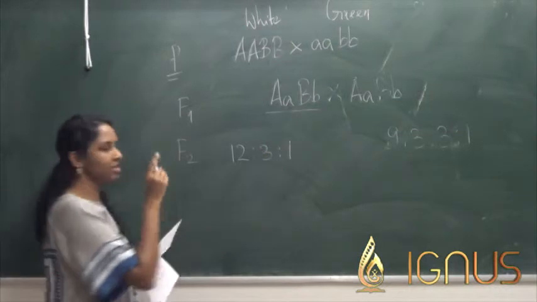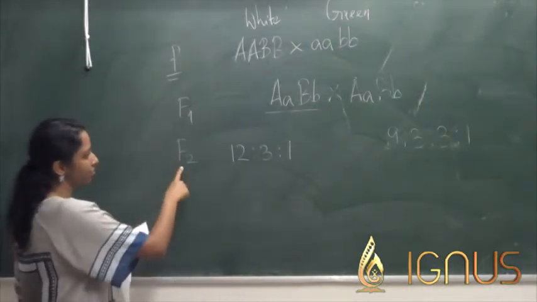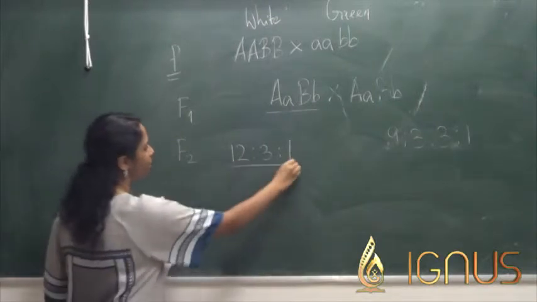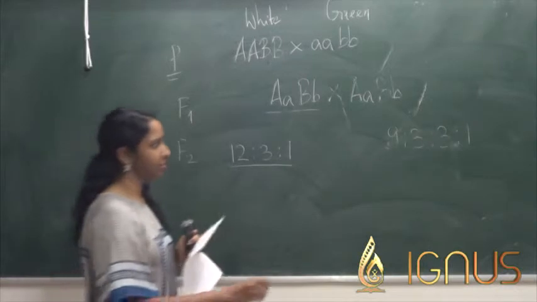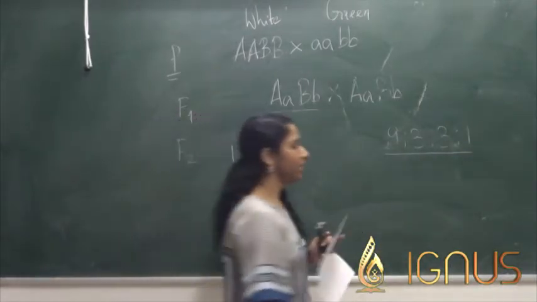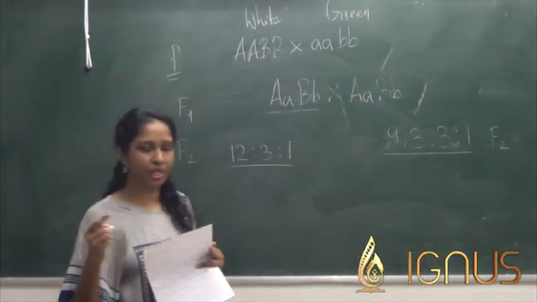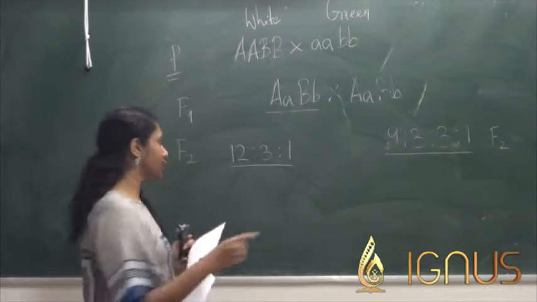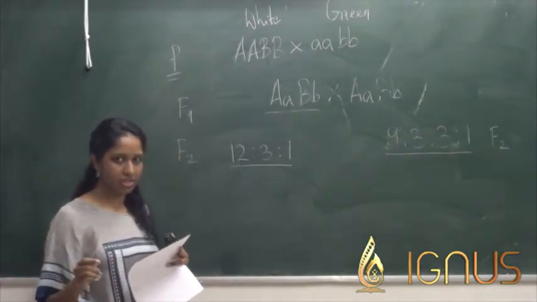But in case of this example of summer squash, the F2 generation had a ratio of 12:3:1, which is very different from the phenotypic ratio of the F2 generation in case of Mendelian genetics. So this is the ratio that you would get in case of Mendelian genetics. This is the ratio that you will get if it is dominant epistasis.